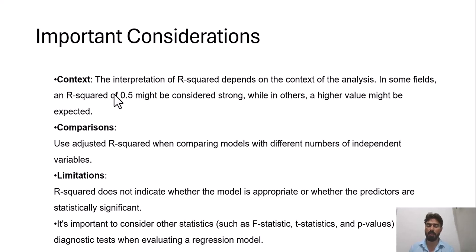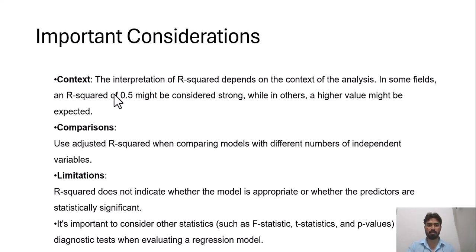In some cases we say that if R-square is 0.5, which means 50% variation in the dependent variable due to these independent variables, then we can say that our model is well fitted. So it depends on the situation, on what type of studies you are going to do and what type of analysis you are doing.